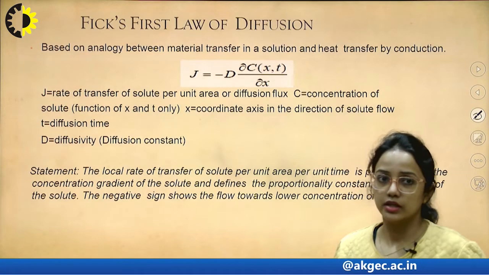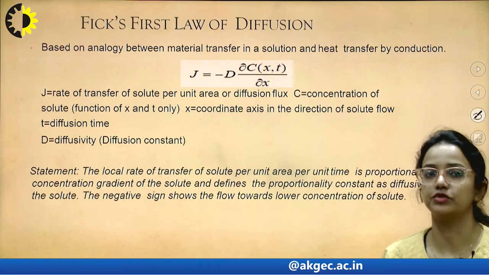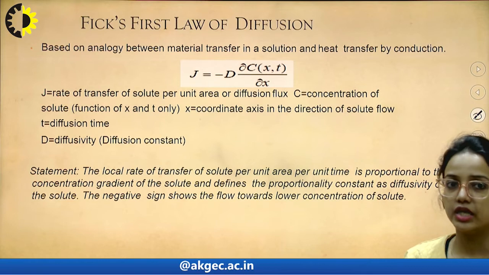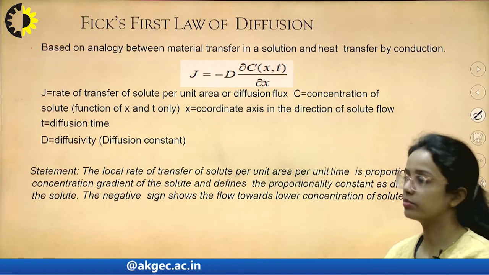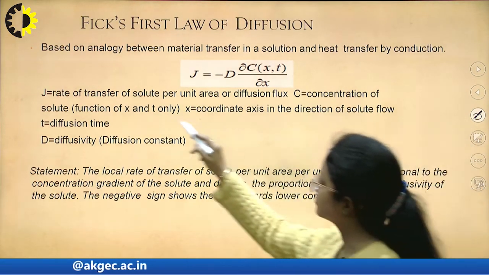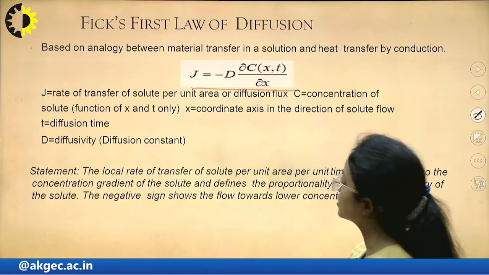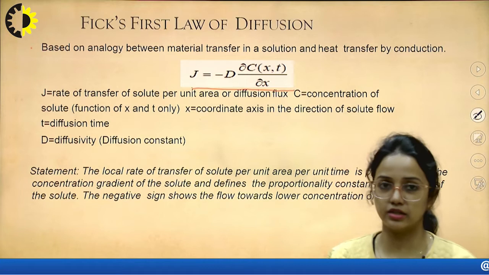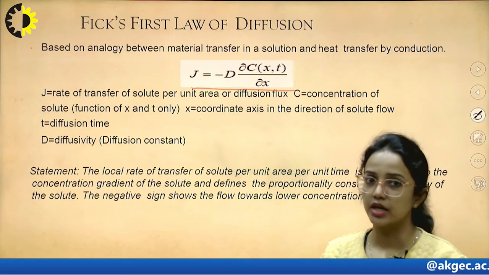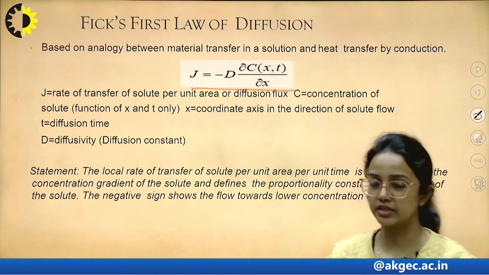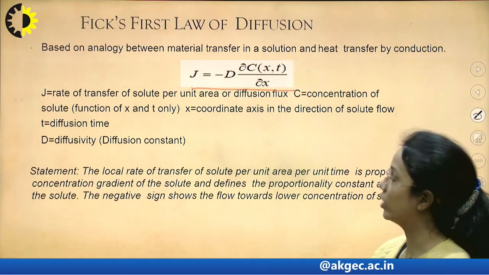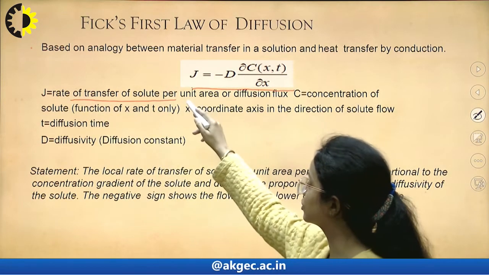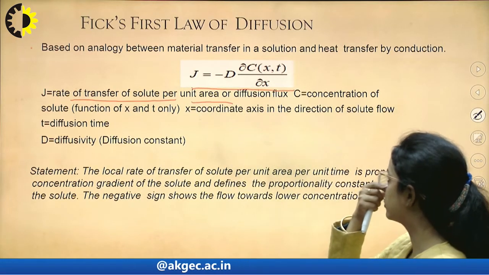Next, what is the law of diffusion? Based on the analogy between material transfer in a solution and heat transfer by conduction, we have this relation, which says that J is equal to minus D times the partial derivative of C(x,t) with respect to x. Here J is the rate of transfer of solute per unit area, or the diffusion flux.